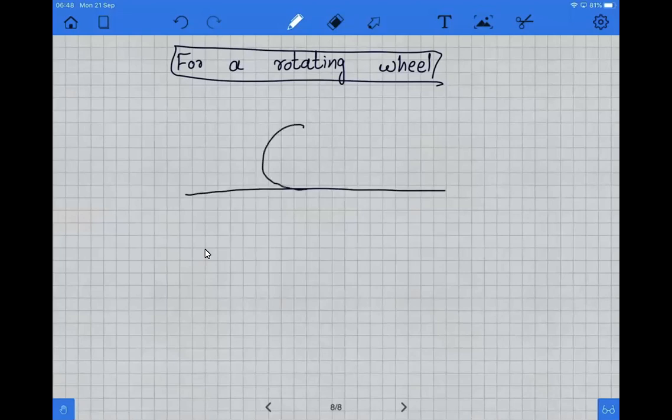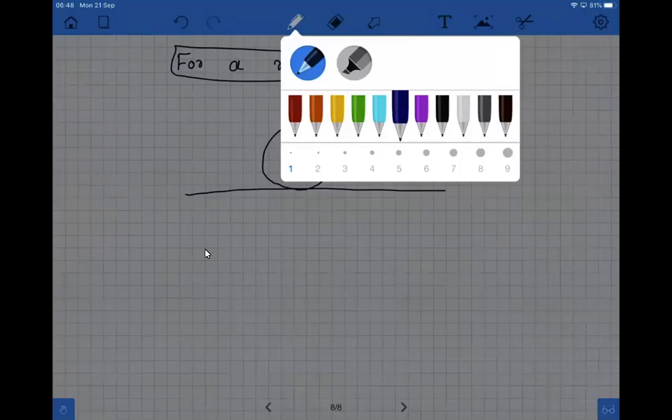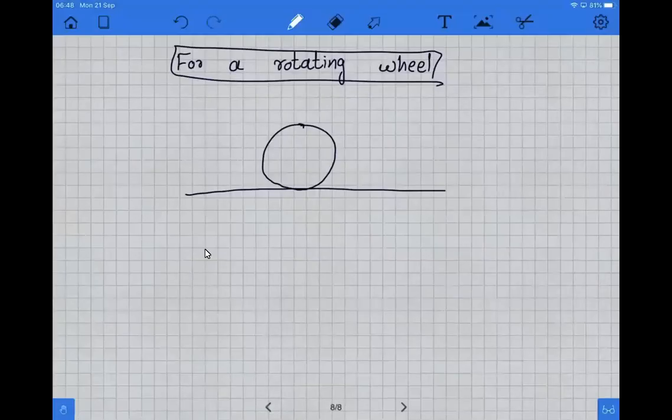For example, if you have a rotating wheel, first of all, you see it's only one point of the rotating wheel that touches the ground. The ground is tangent to the wheel. If the wheel is moving in this direction, then the rotation of the wheel would be clockwise. A clockwise rotation of the wheel will result in the forward motion.